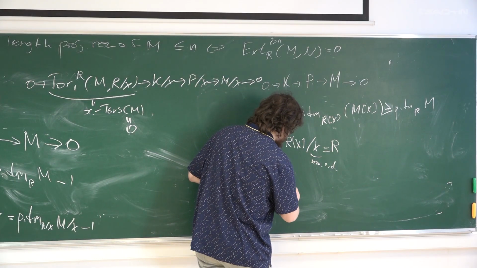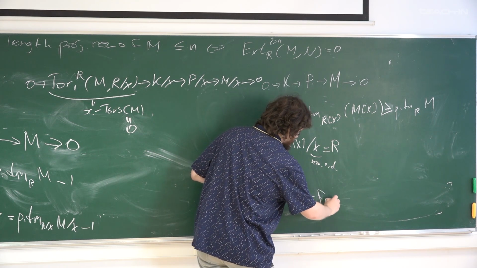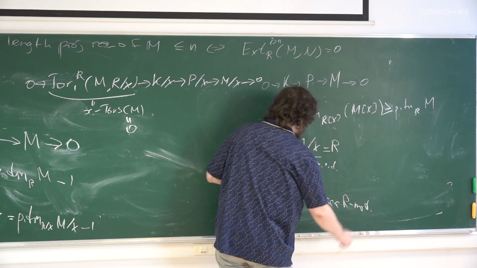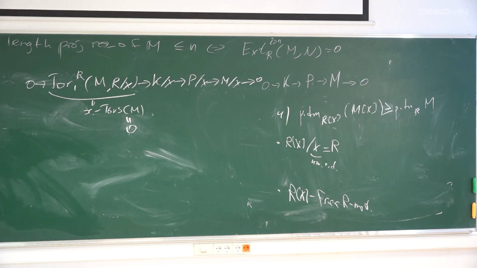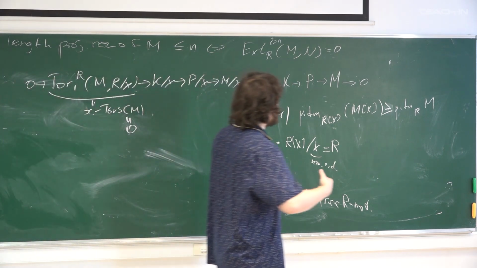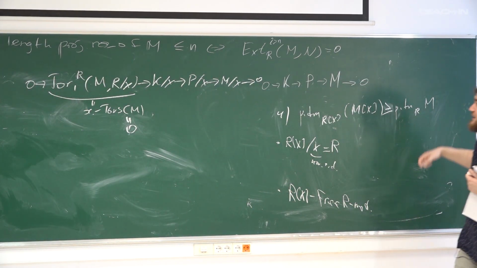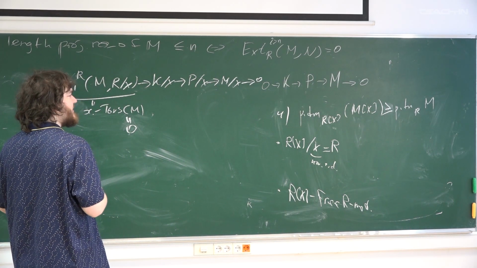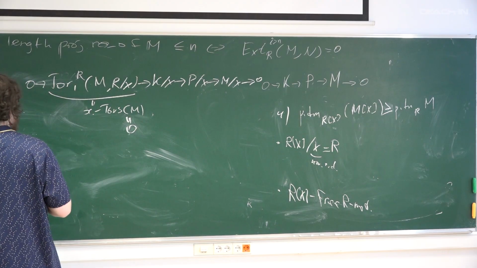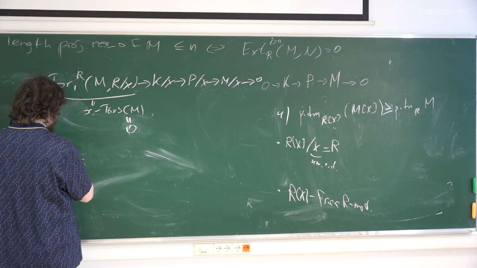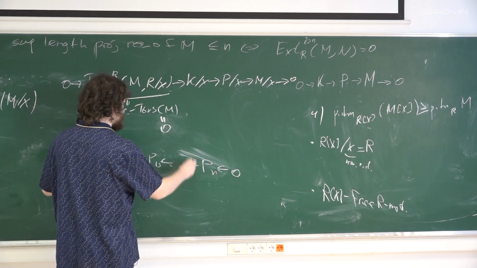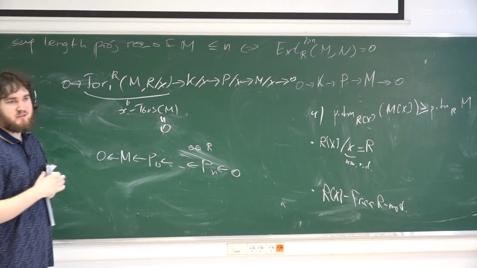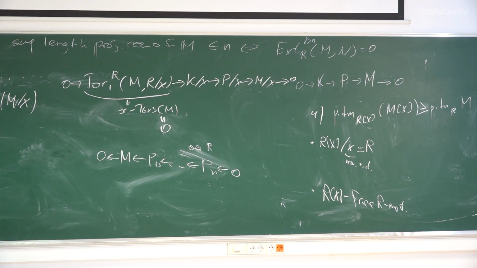But the second observation is that, in fact, this ring is a free R module. In particular, it's a flat R module. And so if I consider some free resolution of M over R, then I can tensor it with polynomials.